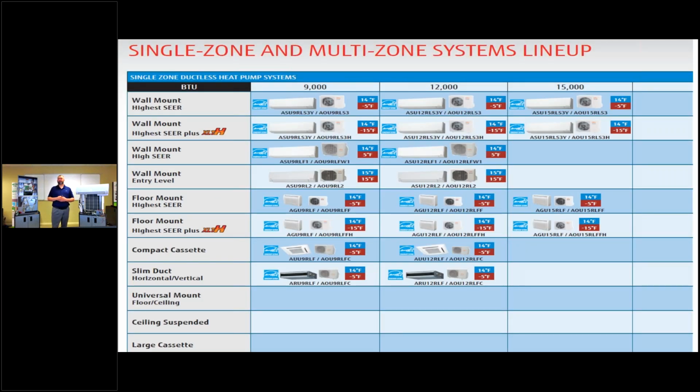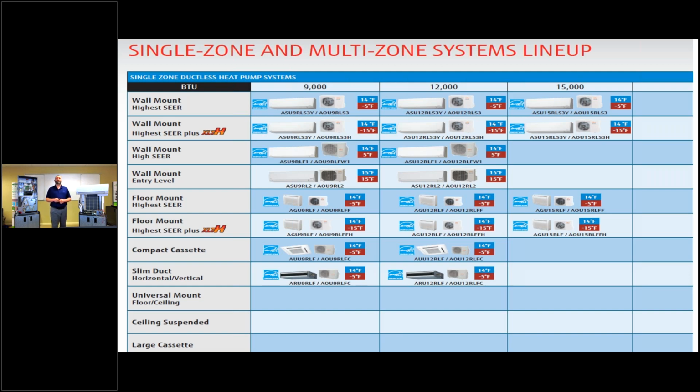All right, here's the rest of our single and multi-zone lineup. You can see up at the top, the RLS3 series, that's kind of been superseded by the LZAS. And then moving down, you have your 9 RLFs. Once again, those are single and multi-zone capable. We have our floor mounts, all right, in a 9, 12, and 15.